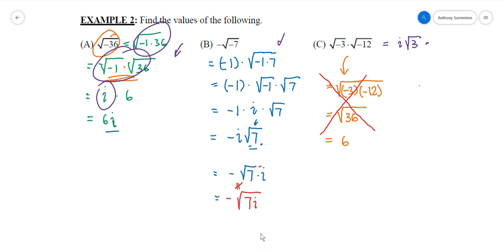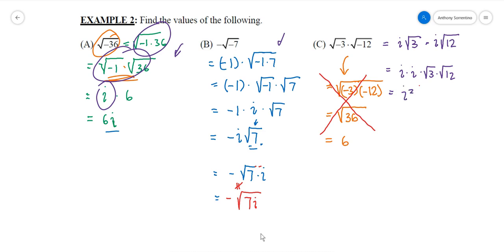Times, and I do the same thing with the square root of -12. I put an i on the outside, and I just put a +12 in there. With a little bit of rearranging, because multiplication is commutative, I'm going to have i times i times the square root of 3 times the square root of 12. i times i is i squared.